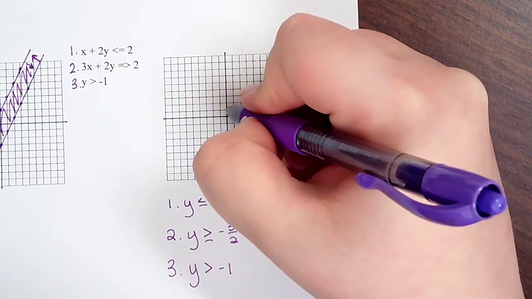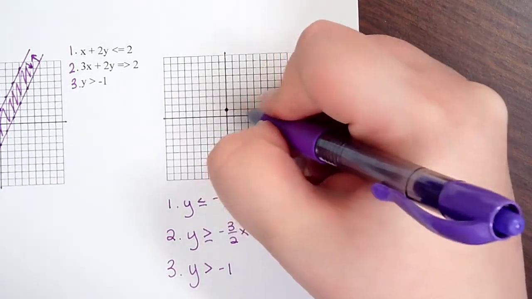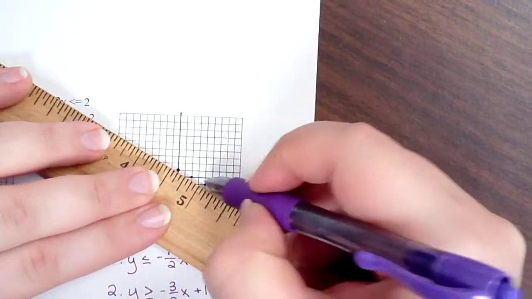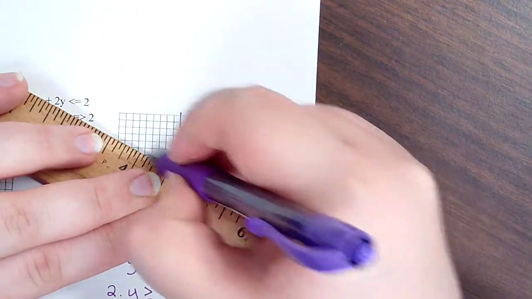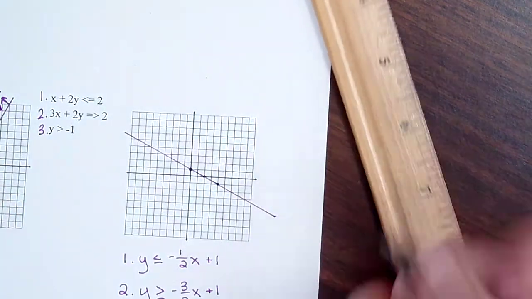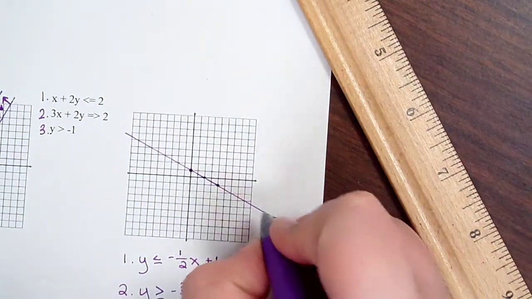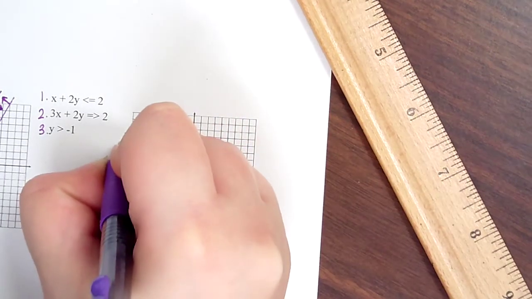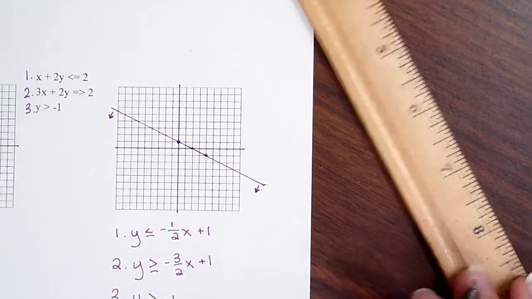All right, let's graph these. One starts at 1. That one is a solid line. When I test 0, 0, I see that it's true, so I'm going to point towards 0, 0. I would be shading this side of the graph.